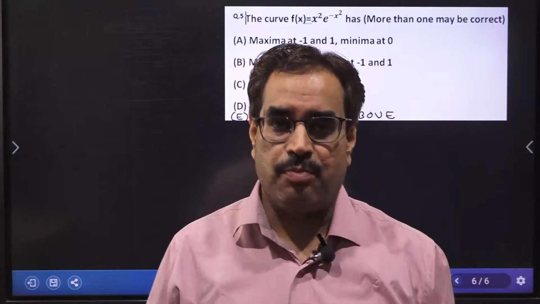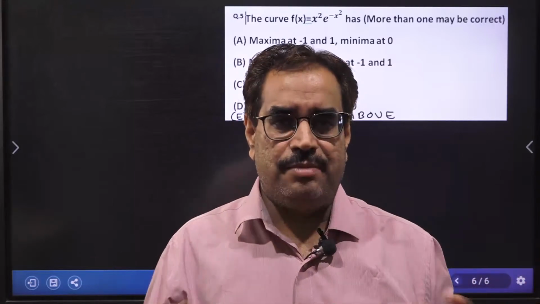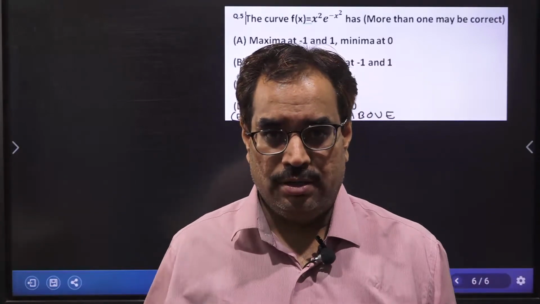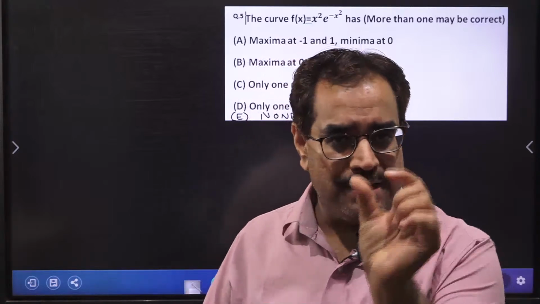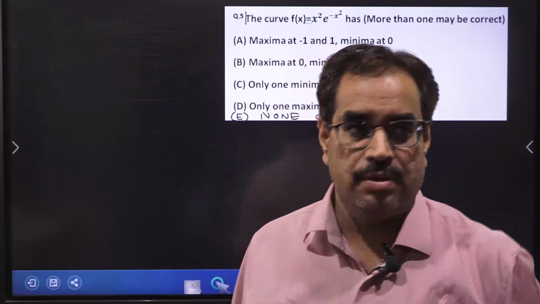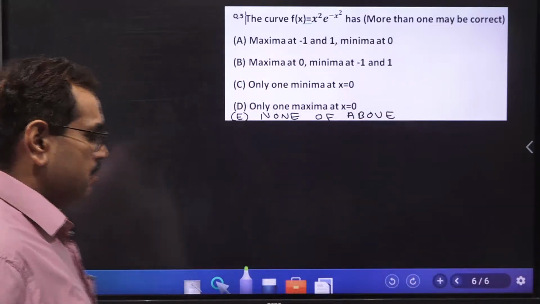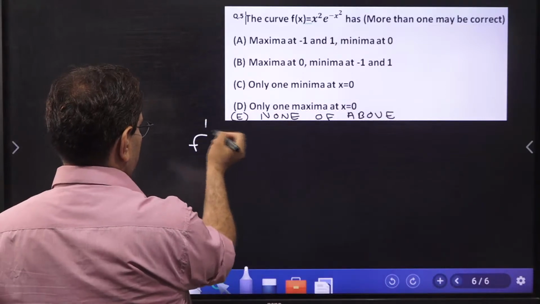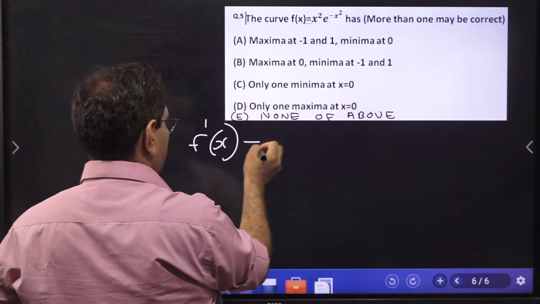Those are stationary points. So whatever maxima or minima comes, that will come at stationary points only. Okay. So we need to solve f dash x equal to 0 to find the stationary points. First step, right? So let us compute f dash x. We have a product of two functions.